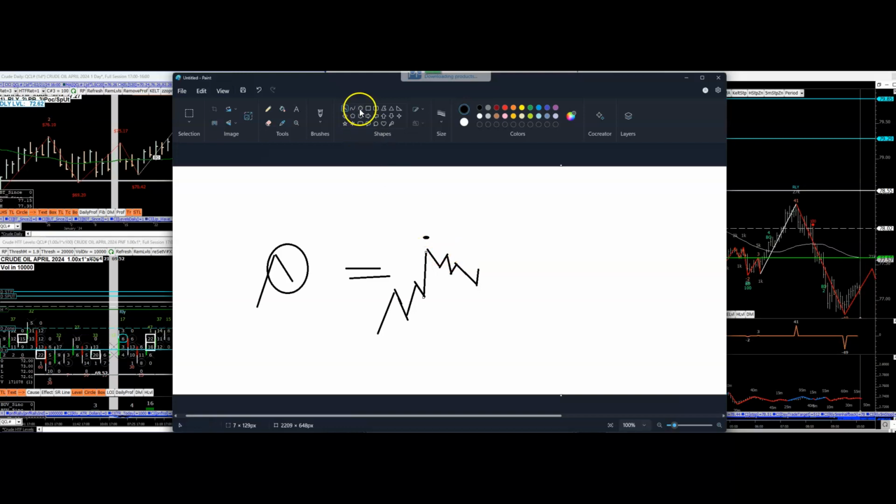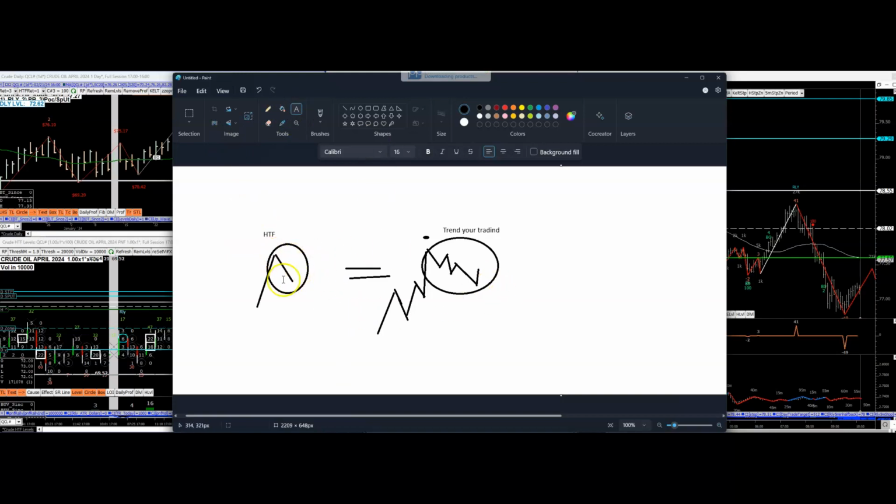So this equals this, and it will look like a downtrend. This is why you must know at all times the higher time frame and the trend you're trading, and then the lower time frame for entries.